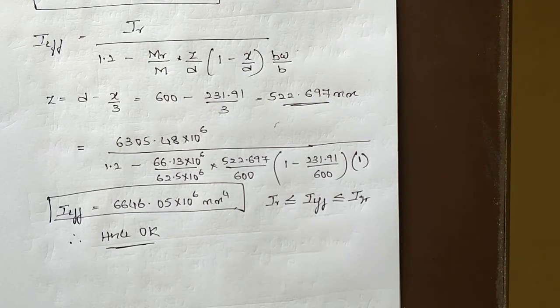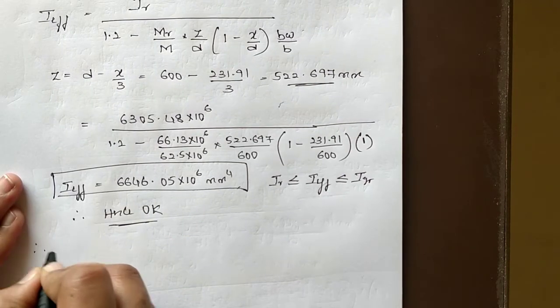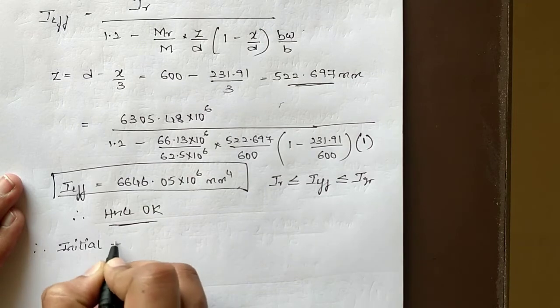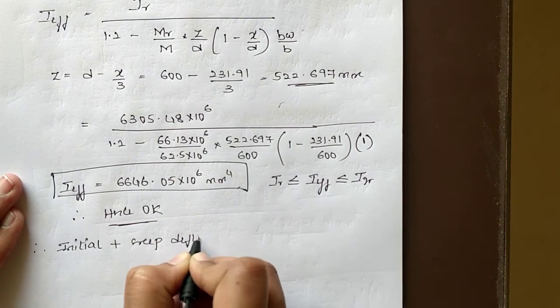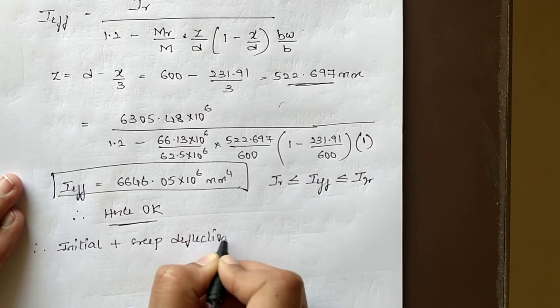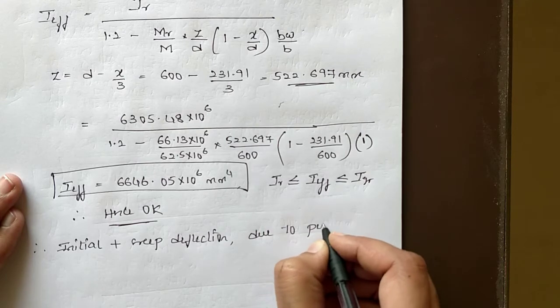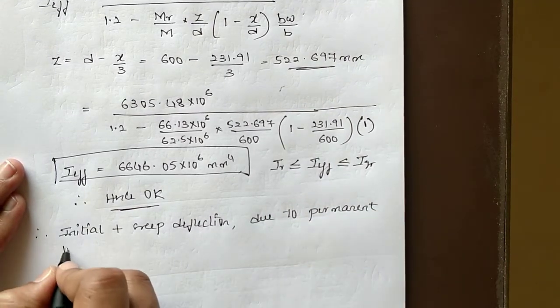Next you calculate deflection due to permanent load. It is given by initial plus the creep deflection due to permanent load.